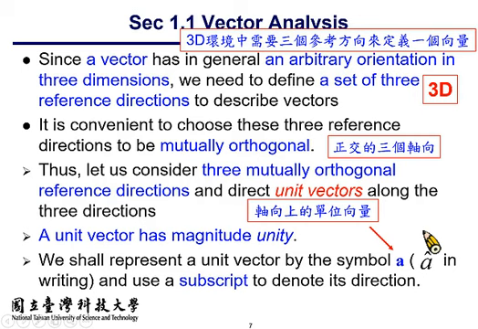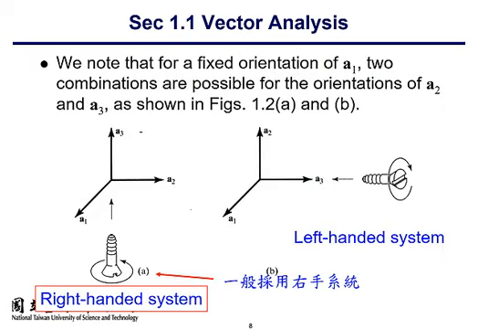In print on the textbook, it's written in boldface Roman like this, and in writing you can write it like this, or you can use a subscript to denote the direction. All right. So you have ax, where x, y, and z are the subscripts that describe the direction of the unit vector.